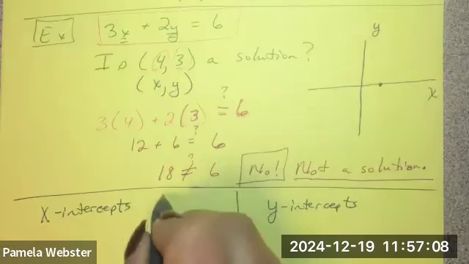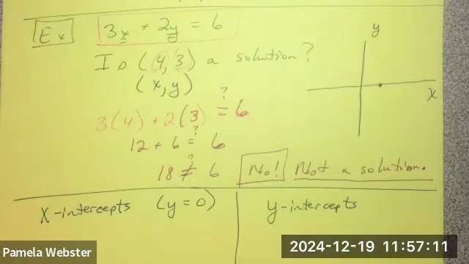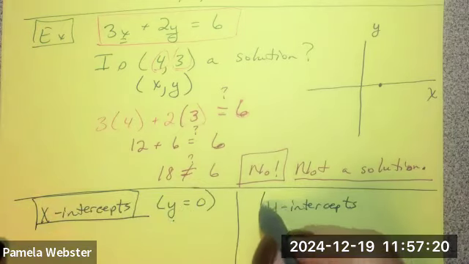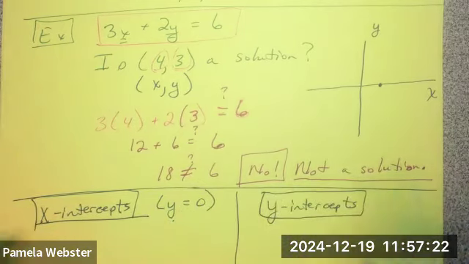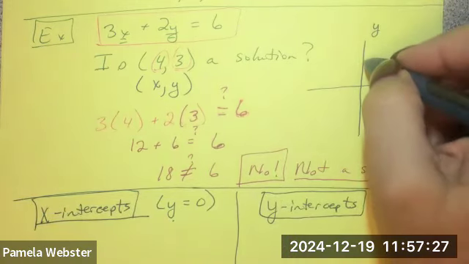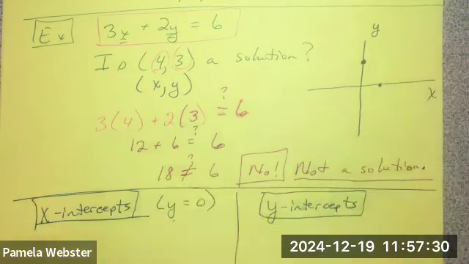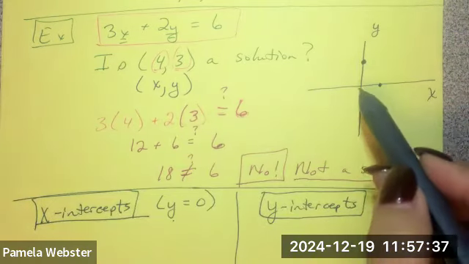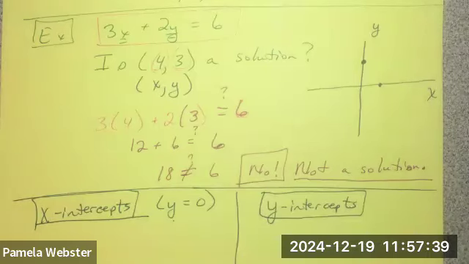So whenever we want an x-intercept, and this is going to be important for us from now on, what we're going to do is plug in y equals 0. Basically the same thought process happens for the y-intercepts. That's a spot where we're going to cross the y-axis. The y value could be a positive y, it could be a negative y, it could be a 0, but for sure the x value equals 0 there.